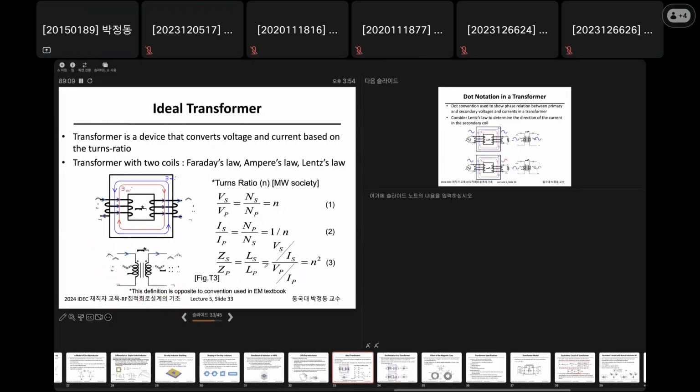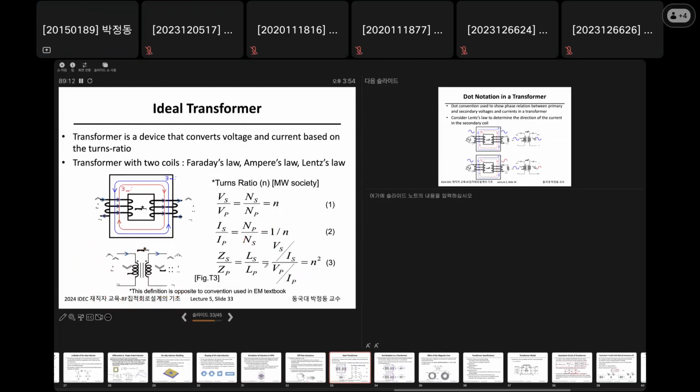So now let's talk about the ideal transformer. The transformer is a device that converts voltage and current based on the turns ratio. So you have a transformer with two coils.